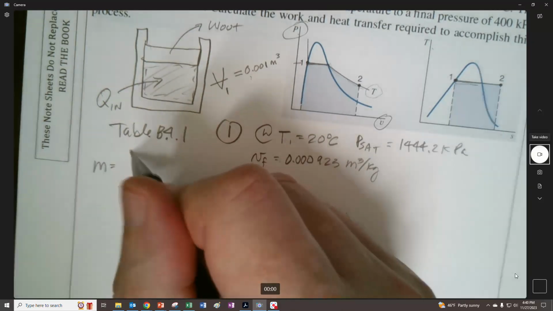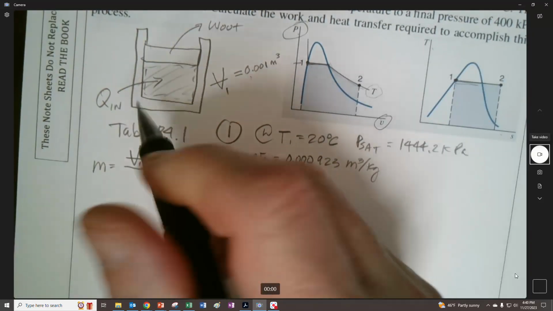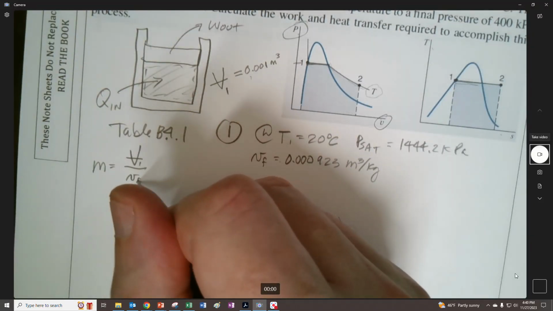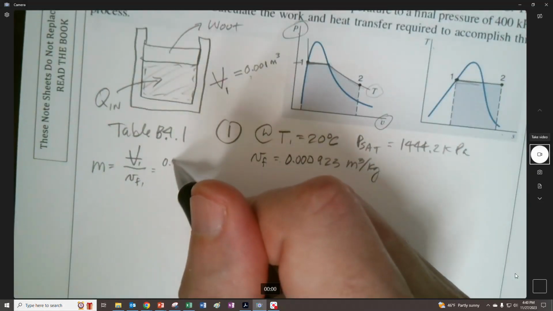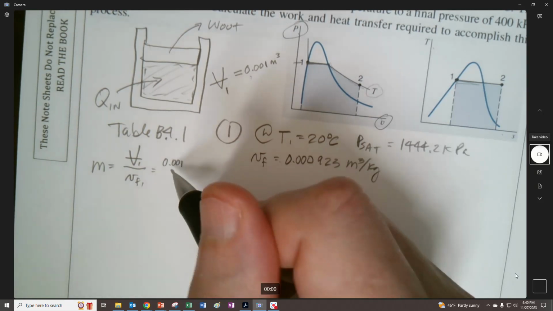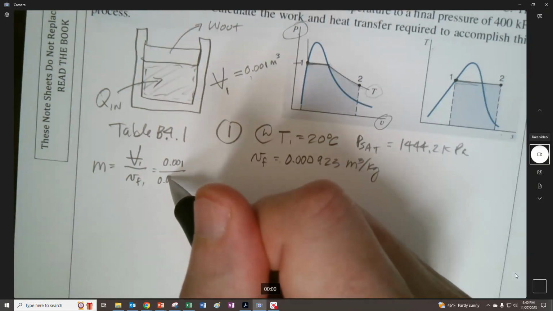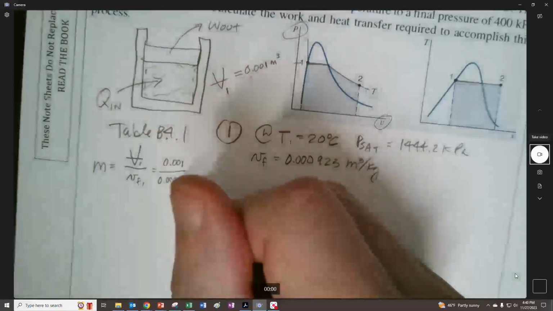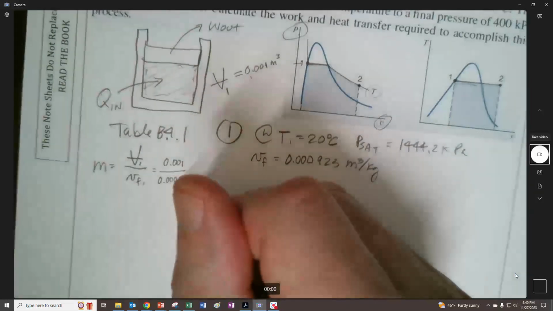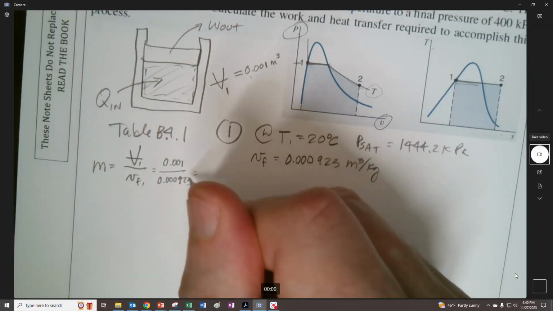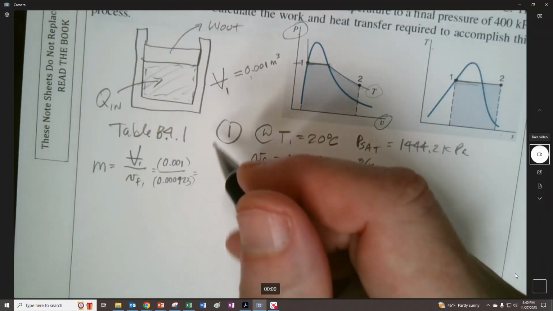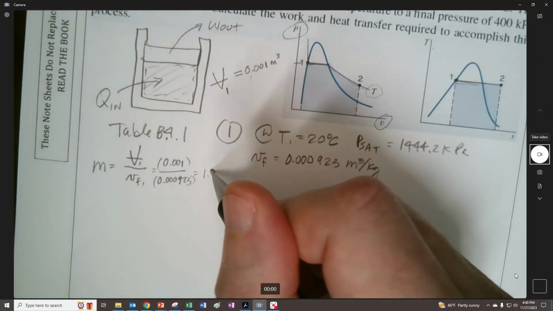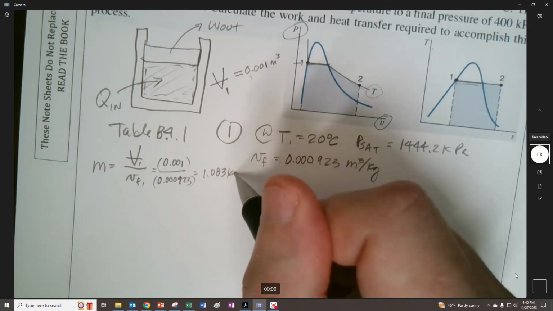Take the volume 1 and divide it by VF1. So 0.001 divided by 0.000923. That's how I make mistakes, I flip numbers around all the time. That comes out to 1.083 kilograms.